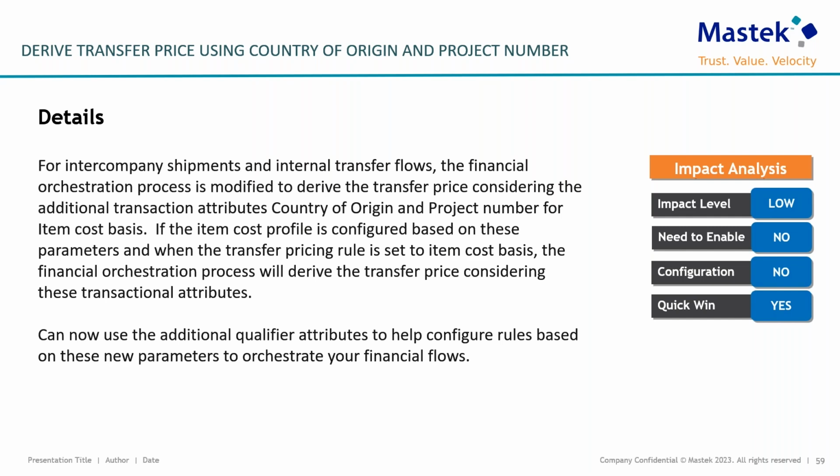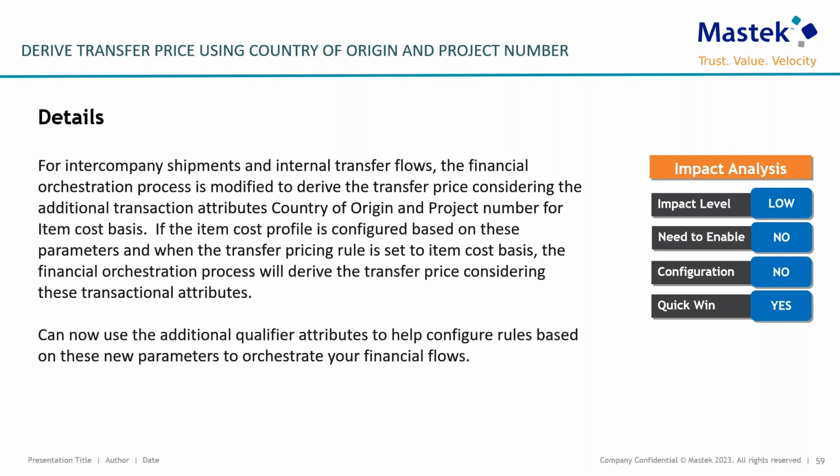If the item cost profile is configured based on the parameters when the transfer pricing rule is set to the item cost basis, the financial orchestration process will derive the transfer pricing considering these transactional attributes. So now we can define a country of origin and a project number in it, and based on that we can derive a transfer pricing.